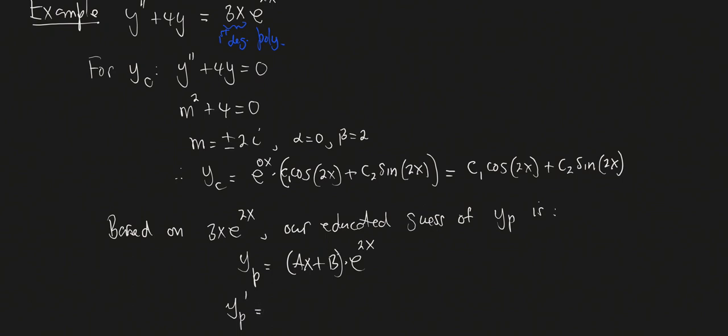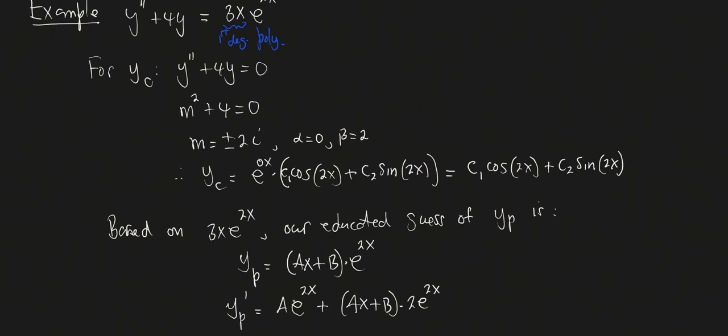So we got to remember our product rule here. So the derivative of ax plus b is a, and then that's times the exponential, and then plus the linear factor times the derivative of the exponential, which is 2e to the 2x.